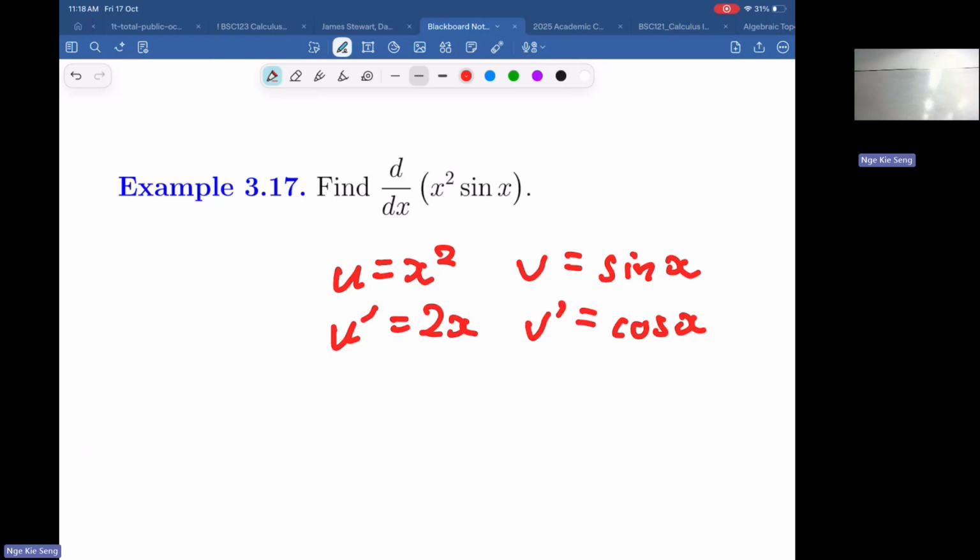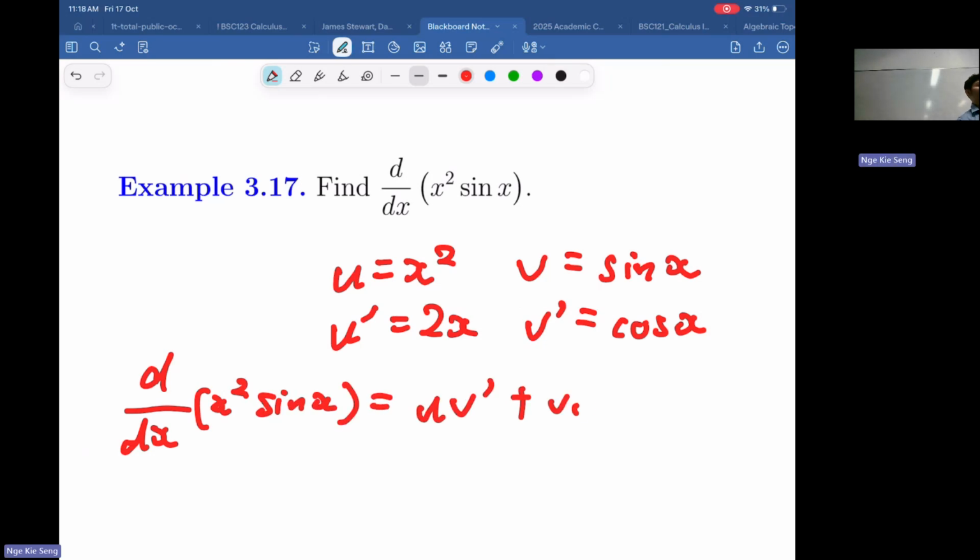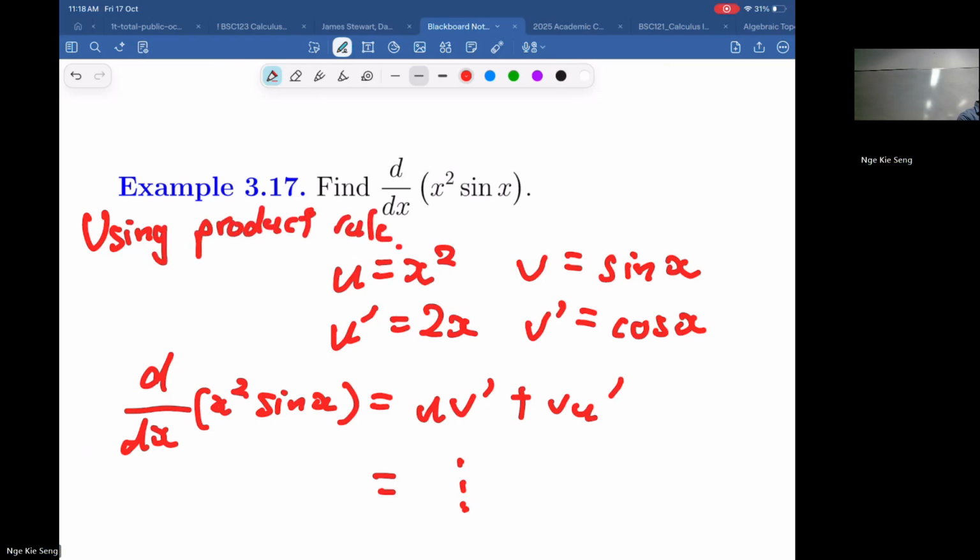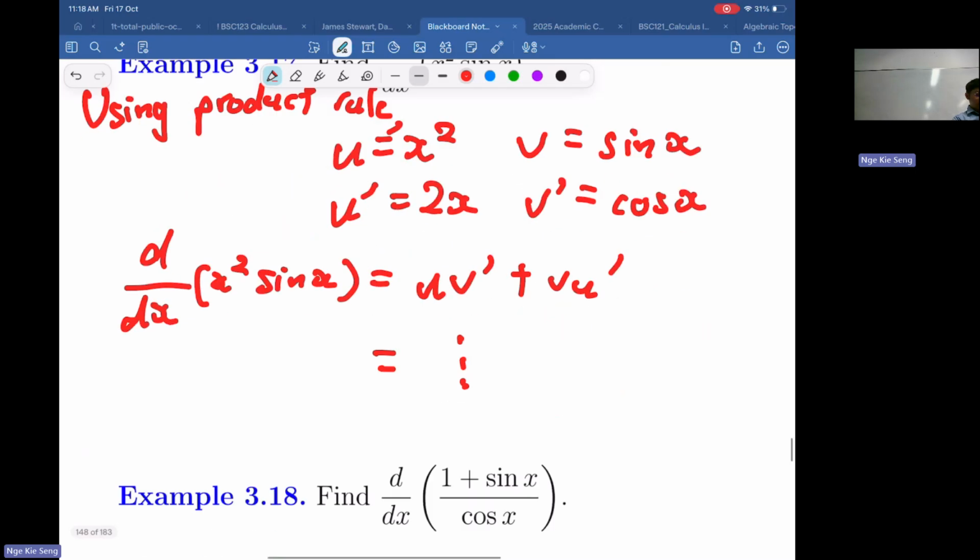You should see mathematics as Lego: we break it down, do something, and then combine them. So d over dx of x squared sine x equals u v prime plus v u prime. Go and add it up. So here we are using the product rule. I left it for you to complete.